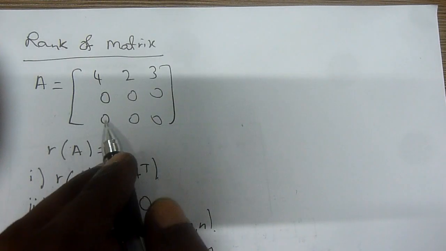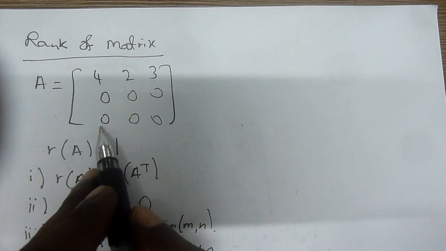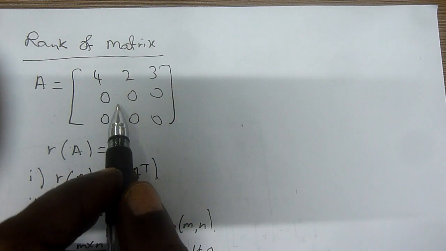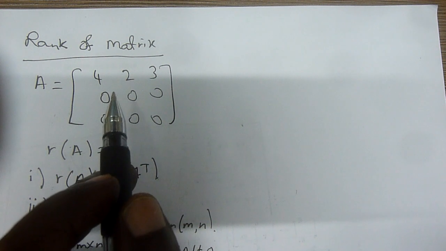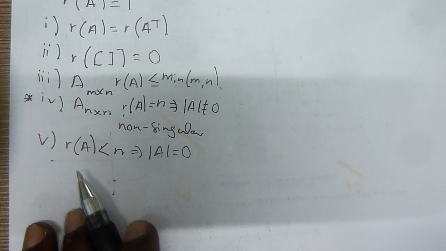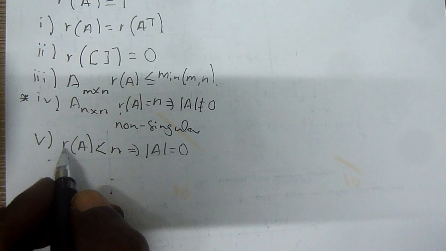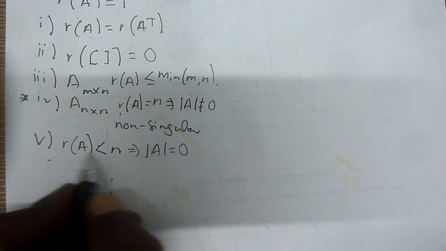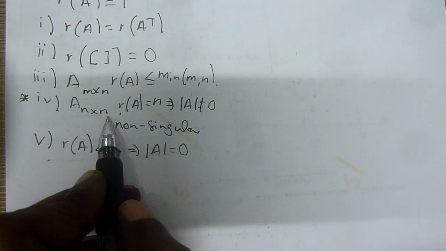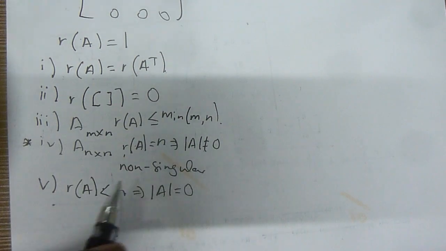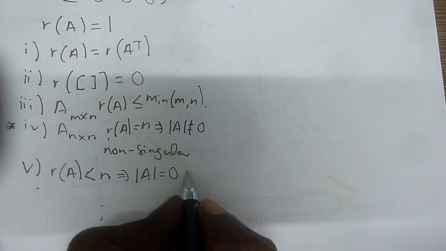We already told you before, if there is a single row or single column involving all 0, then automatically the determinant will be 0. Can you imagine if the rank is less than n for A, which is n times n, it's understood one of the rows is 0, then immediately we know it is singular.